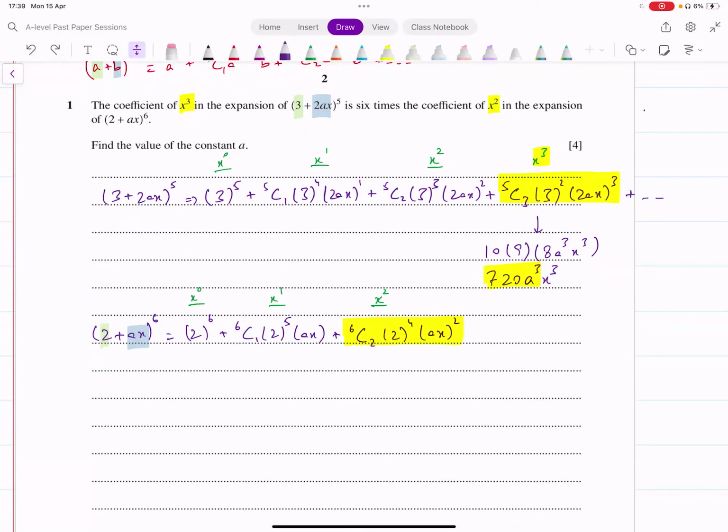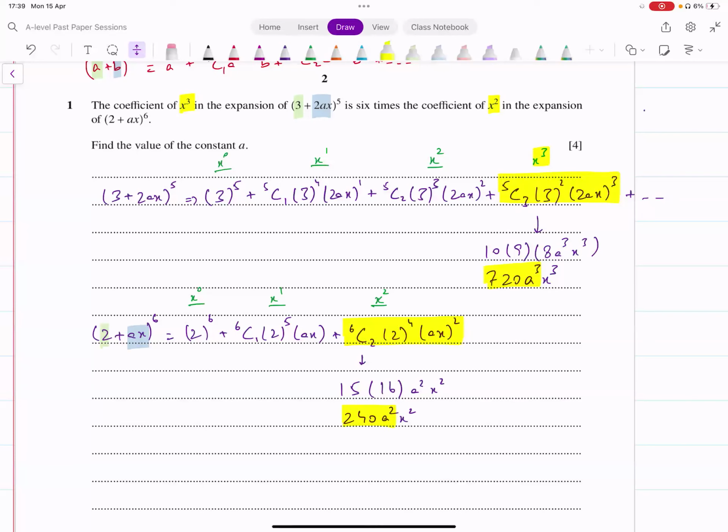Let me just confirm that. 6c2, yeah, that's 15. 15 into 2 raised to power 4, that is 16, into a squared x squared. 15 times 16 gives us 240a squared x squared. This is the coefficient of x squared in this second expansion.